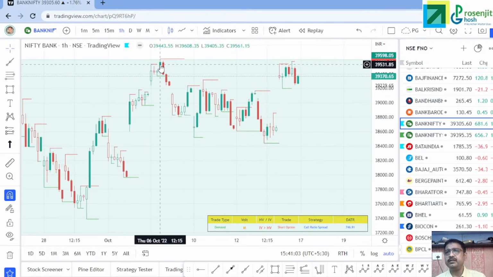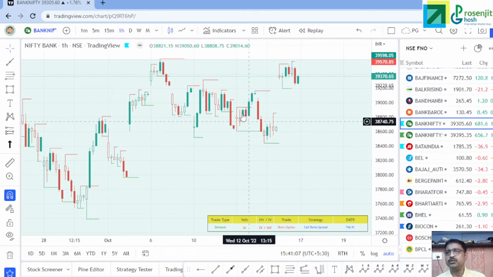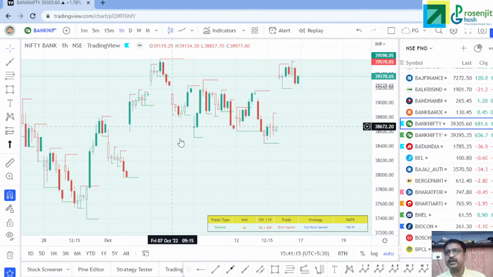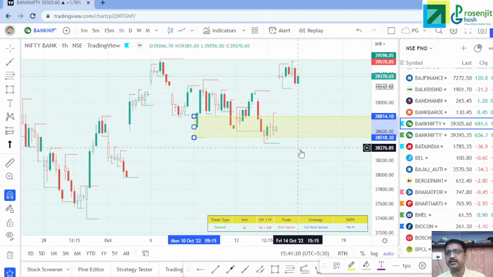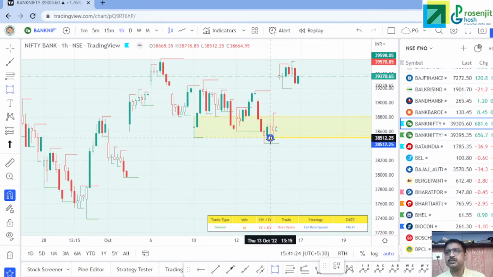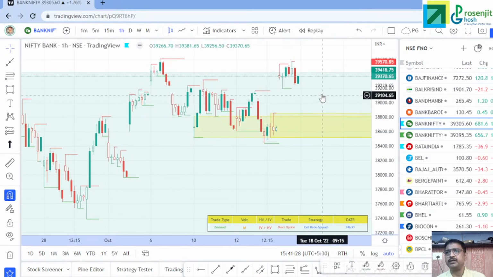Why? Again, low, high, lower low, lower high, lower low. So lower high got engulfed and price is coming down. There are a lot of hidden zones which formed, as well as we have a reversal pattern, right? And whenever this is the situation, there is a chance that price might come here and go up.